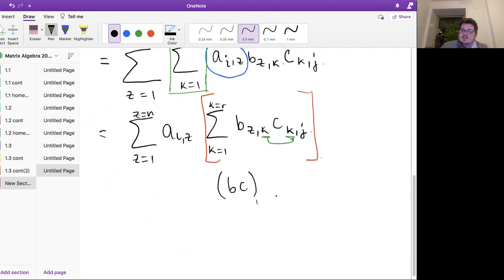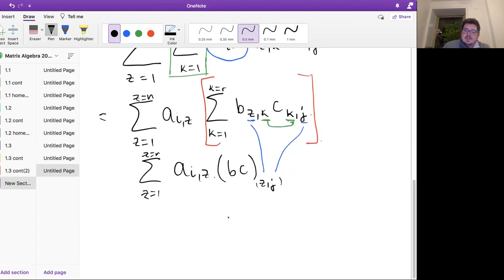What's down here? ZJ, yes. ZJ. And now I have Z equals 1 to Z equals N, A_IZ. And what's this now? This is A times BC.